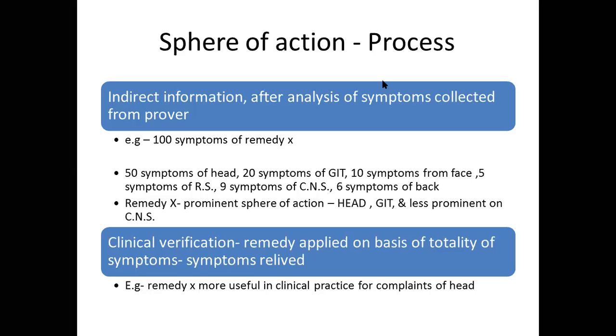For example, in the second stage, we see that remedy X has more prominent sphere of action on head and gastrointestinal tract and less prominent on the central nervous system. So it is just a statistical analysis. But after clinical verification, this remark will come: remedy X is more useful in clinical practice for complaints of head.